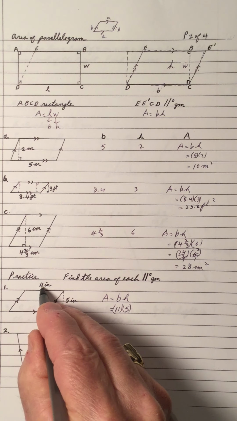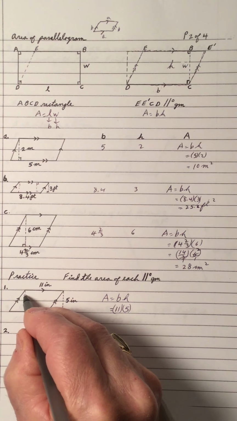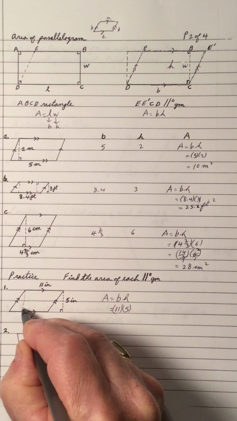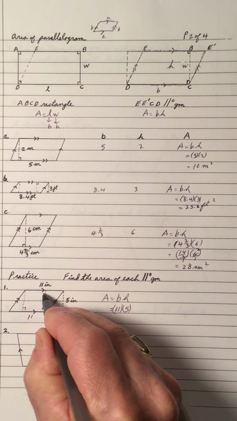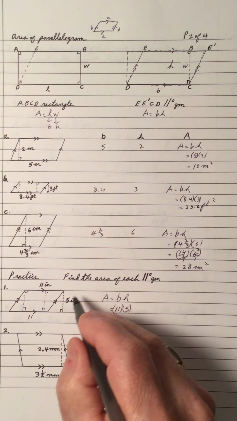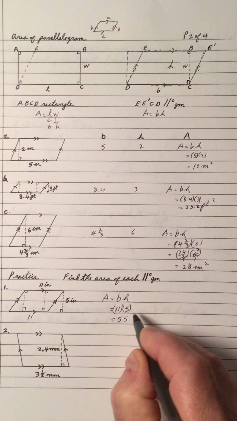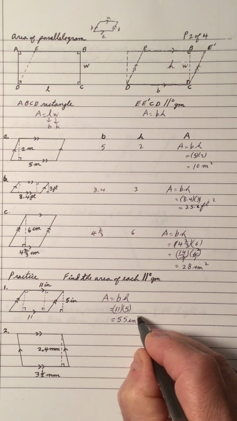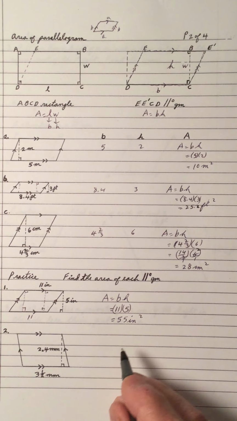Remember, that's 11 up there, and this is also 11 down here. The height could be here, or anywhere, as long as it's the perpendicular distance between the parallel lines. That's 55, and it's inches, so it's inches squared. Again, area is 2 dimensions, so square.